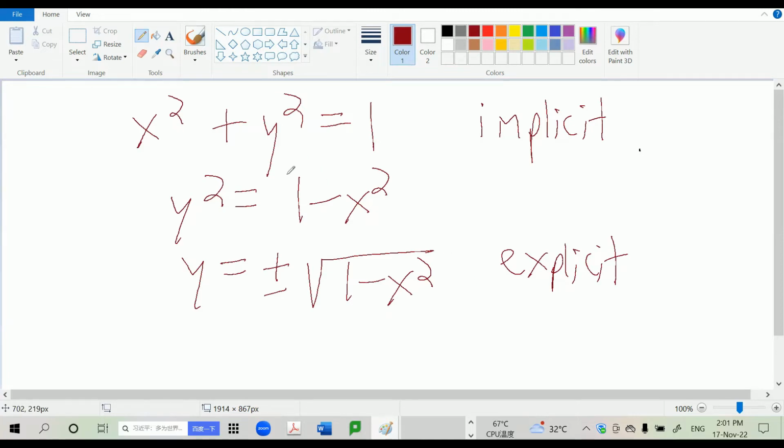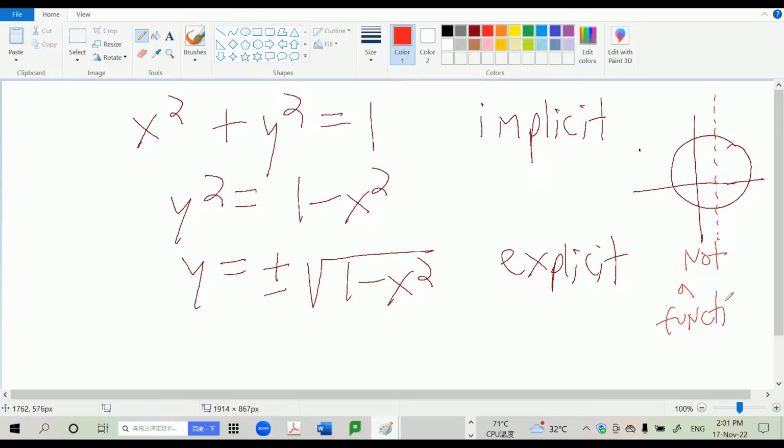But actually it isn't a function, because if you remember from pre-calculus, x squared plus y squared equals 1 is really the equation for a circle. And a circle, as you should know, in the xy plane looks like this, but it fails the vertical line test, so it's not a function. But anyhow, if I'm going to do the derivative of this, I can.